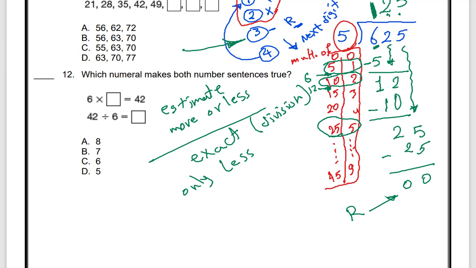Okay, Tamer, it's 6 multiplied by 7. So the answer is 7 for both of them. And Tamer, I told you that you need to check the table before the exam, so do not forget to do this. This is a basic fact, so there is no need to do any extra steps here.